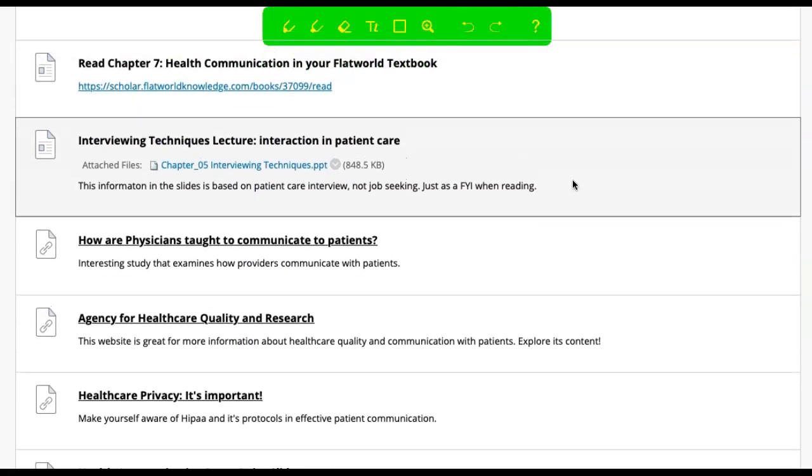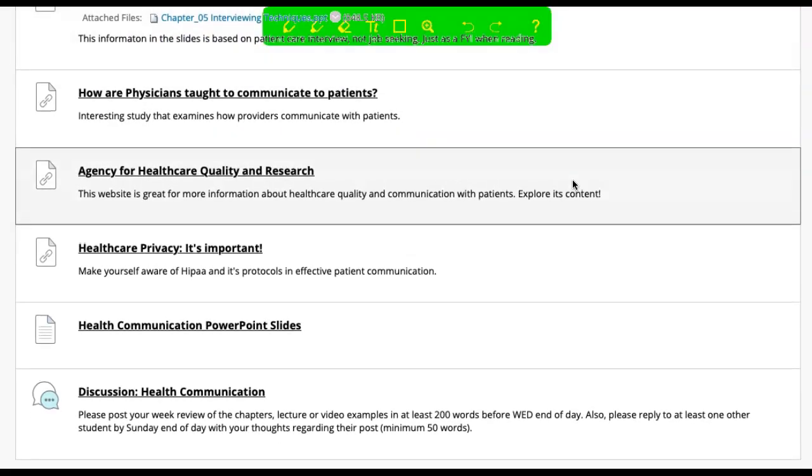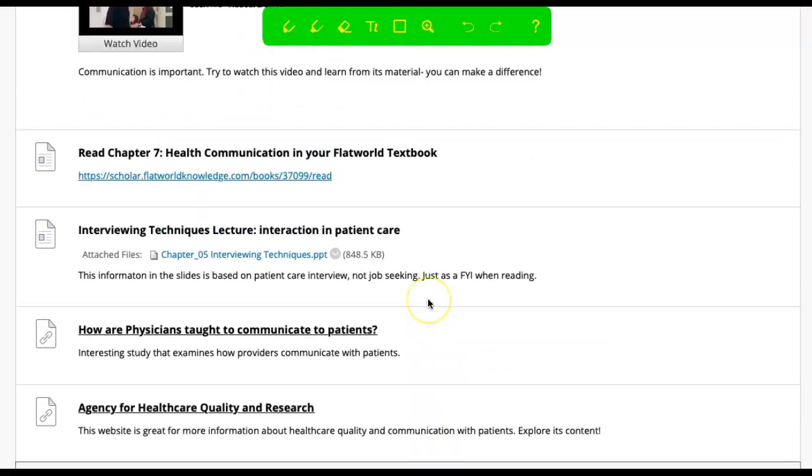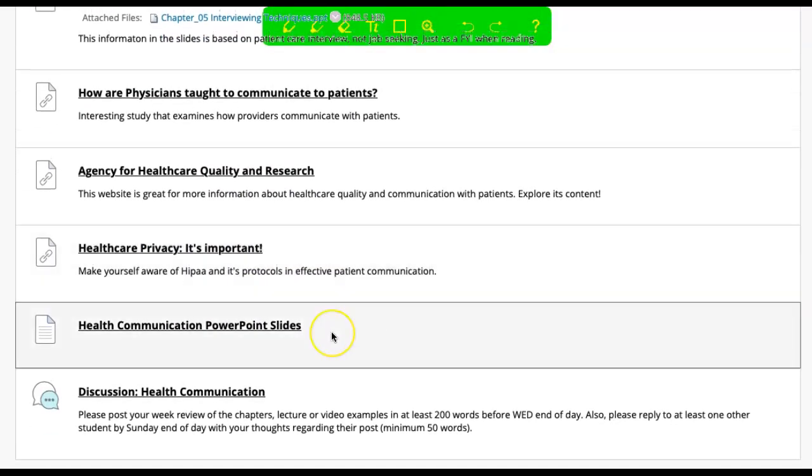Another thing to keep in mind is we have a couple of different links here, questions about how physicians are taught to communicate with patients, interviewing, their lecture techniques, AHRQ, the Agency for Healthcare Research and Quality, is located here, and a little bit more information about health privacy and health communication. PowerPoint slides are there as well. If you have any questions regarding this information, you can always reach out, but there's a lot of intuitive things there that I think you're going to get a lot out of.